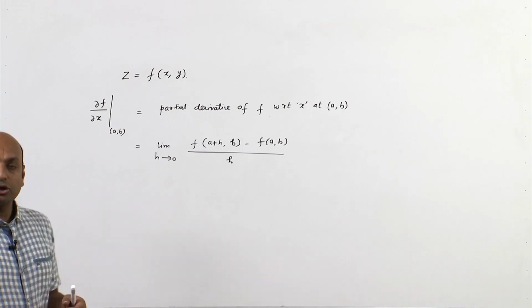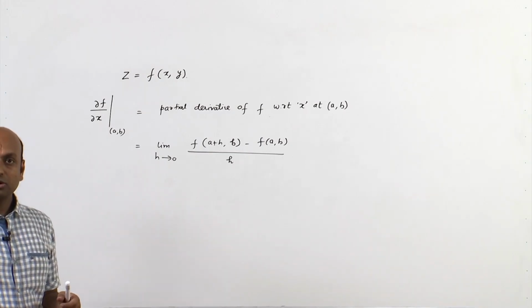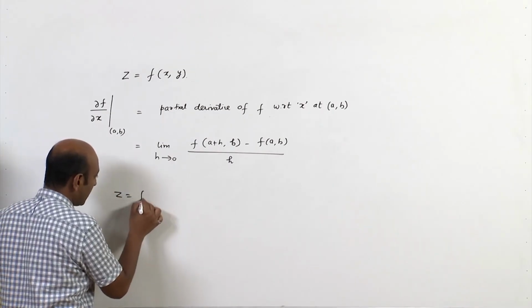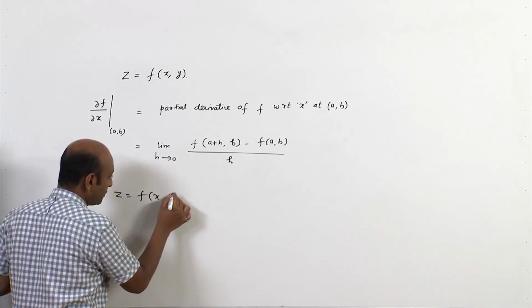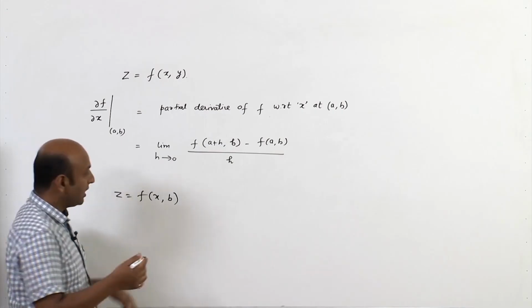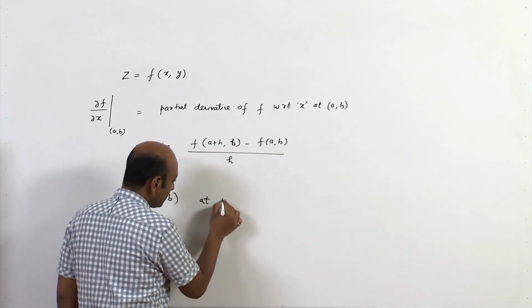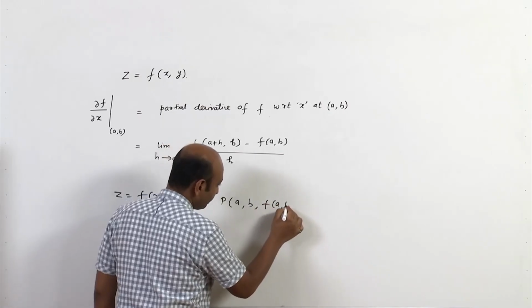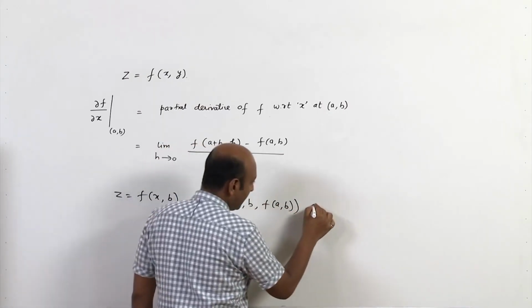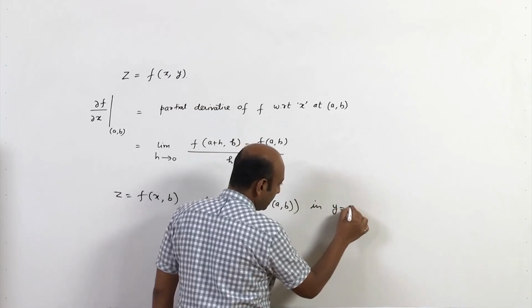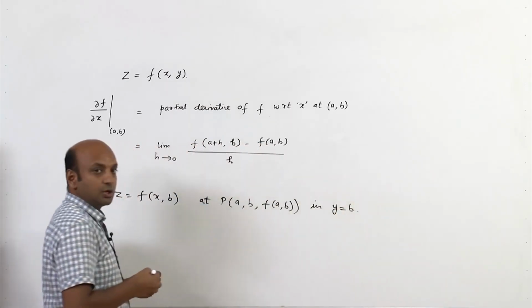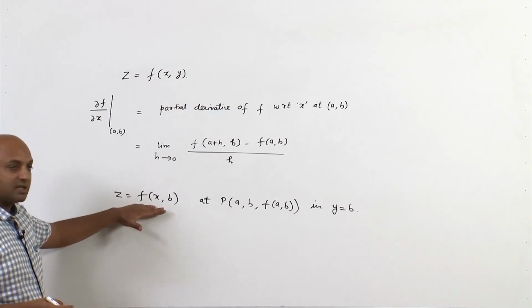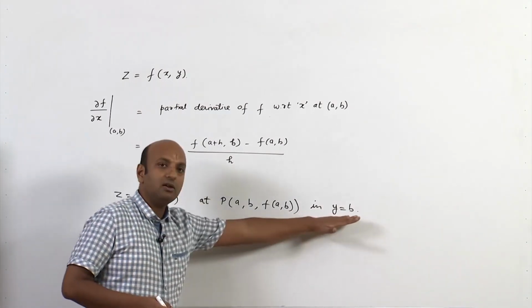The slope of the tangent for this curve, z equals f(x, b), at the point (a, b, f(a, b)) in the plane y equals b, is what it gives.